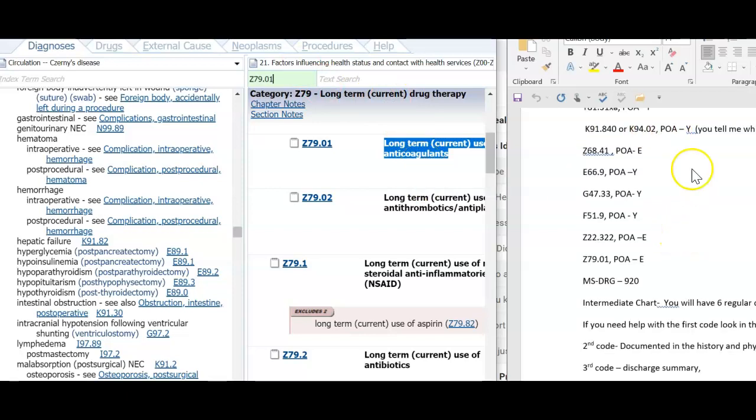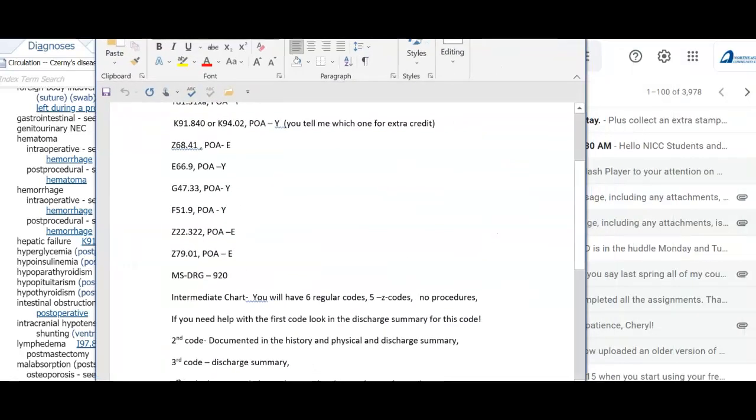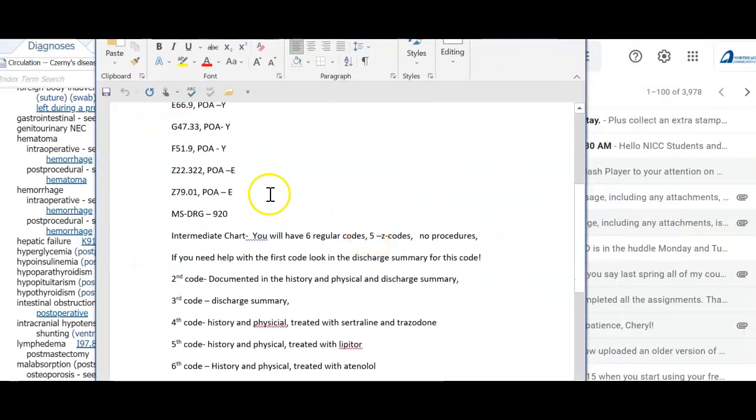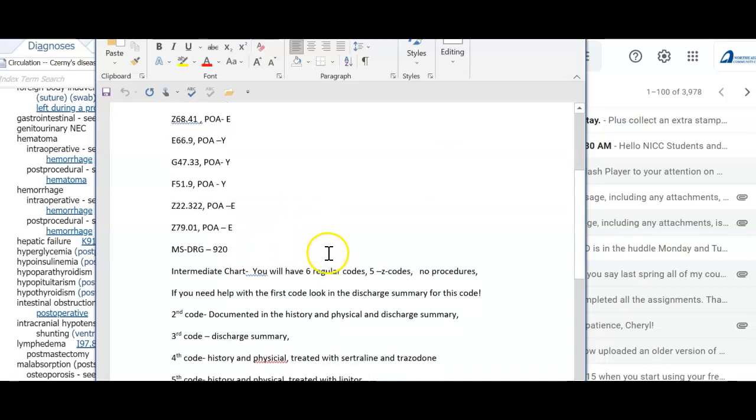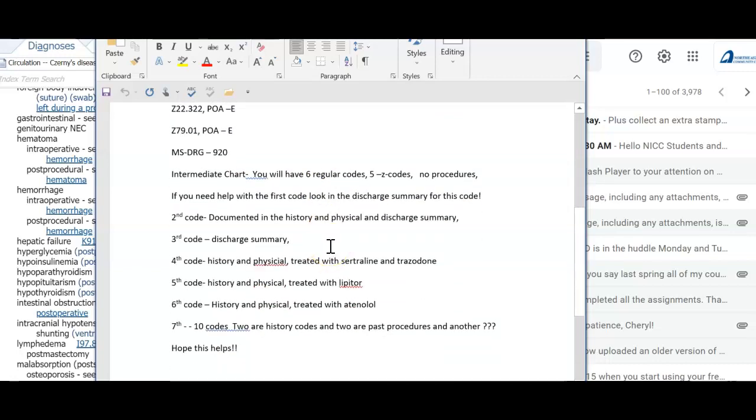Okay, so with all this, I did code everything, okay? And my MS-DRG is going to be 920. So with that, intermediate chart, just to help you out, you will have 6 regular codes, 5 Z codes, no procedures.